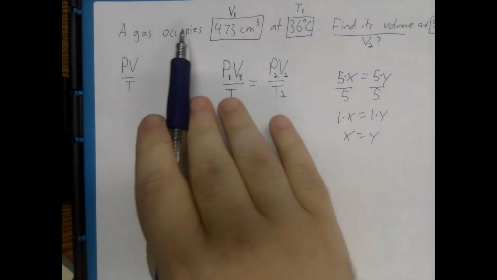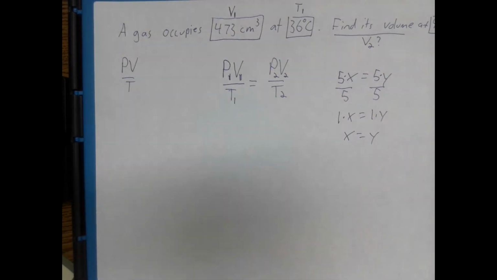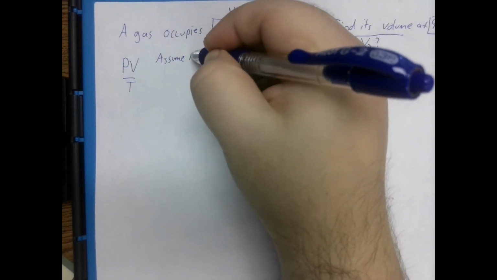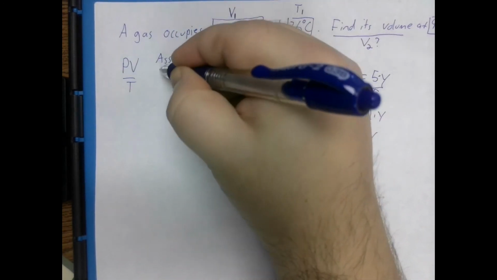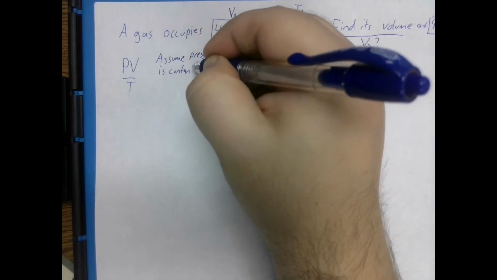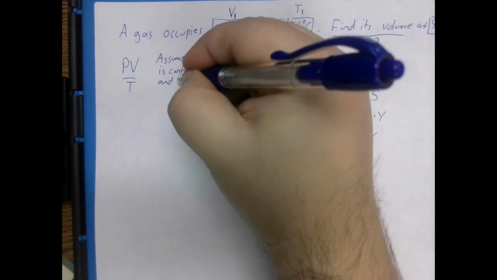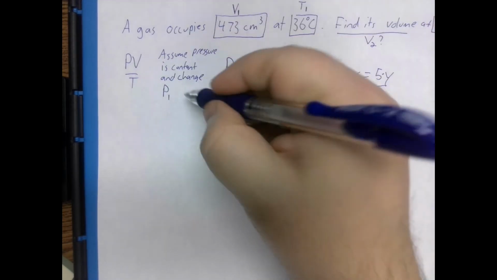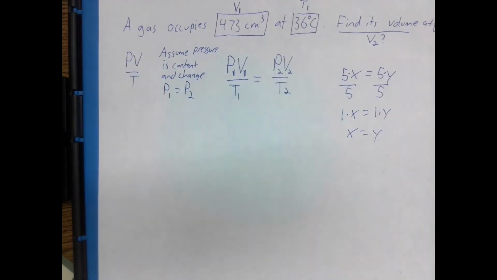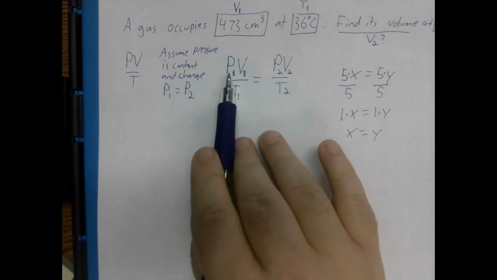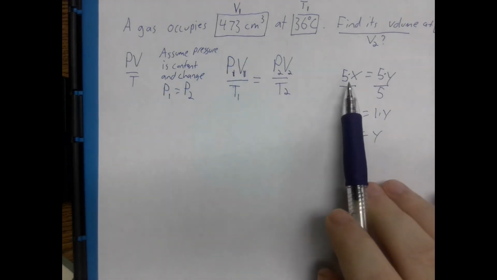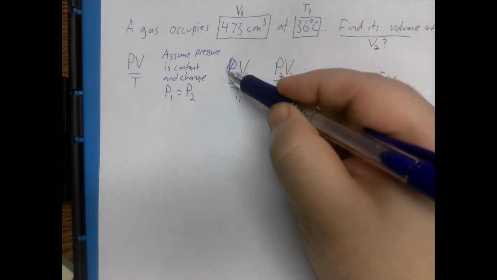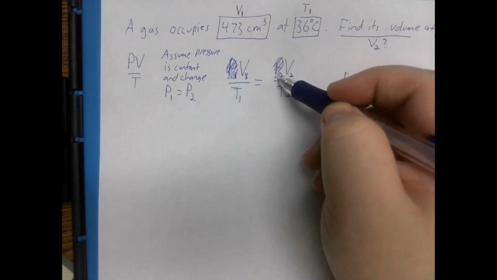So in this problem, it doesn't talk about pressure, so we can assume pressure is constant and doesn't change, i.e., initial pressure is equal to final pressure. So this pressure is the same as this pressure, so it's like having the same number on both sides. We can remove it from the equation.